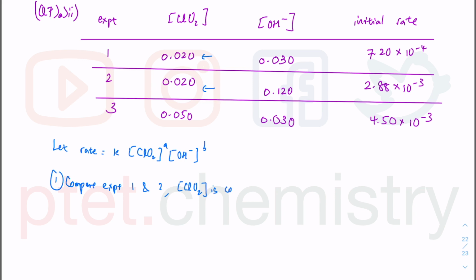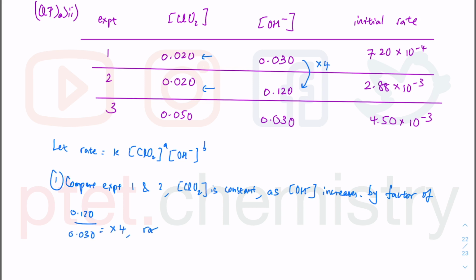The concentration of ClO2 doesn't change, as the OH minus increases by a factor of 4, obviously: 0.120 divided by 0.030 is a factor of 4, as I'll show you right now.